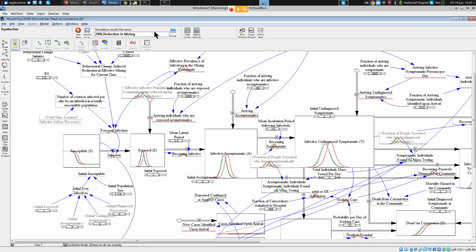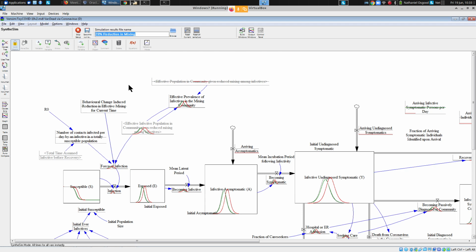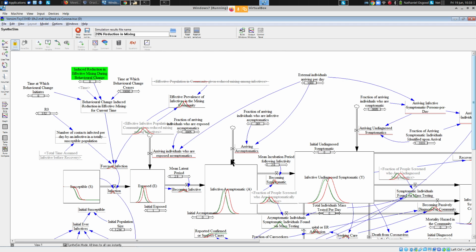Okay? So, good question. I've just placed a scenario in called 20% reduction in mixing here, but I haven't yet put that into effect. I changed the number of individuals mass tested per day back to 0. Note that the number of external individuals arriving per day is back to its original value of 1,000.